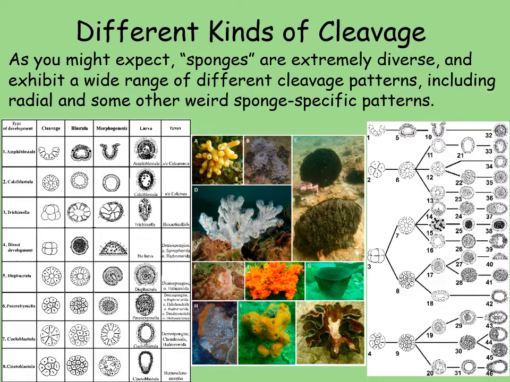There are some sponges that have radially symmetrical cleavage patterns, but there's also some weird sponge-specific patterns. You can see some drawings here of what the early cleavage would look like in different groups of sponges, as well as what their later embryos would look like. And the same thing on the right, you can see drawings of what these early sponge embryos would appear.